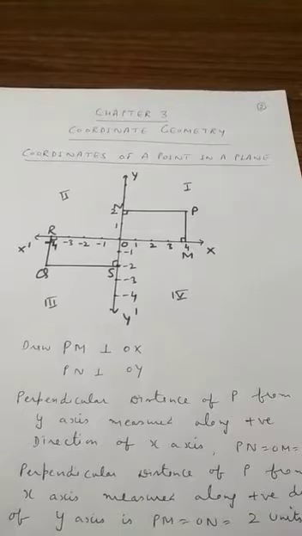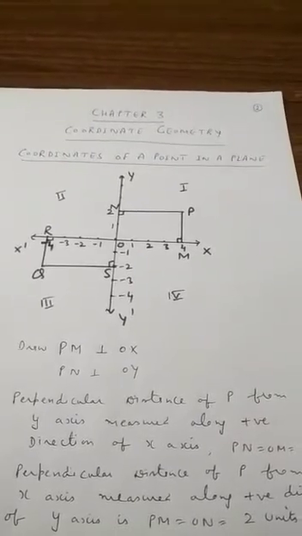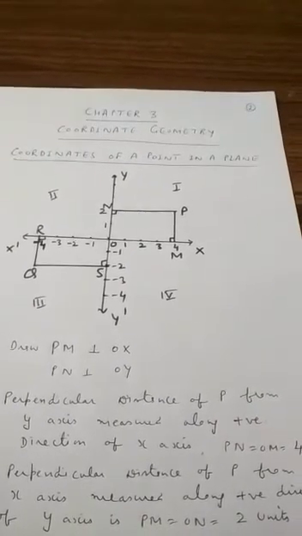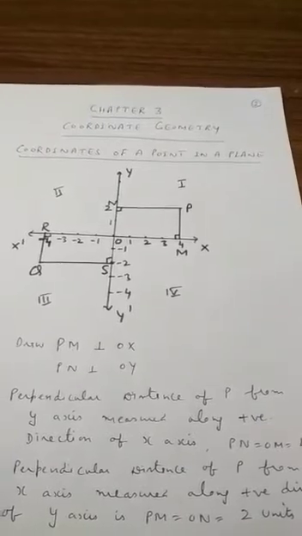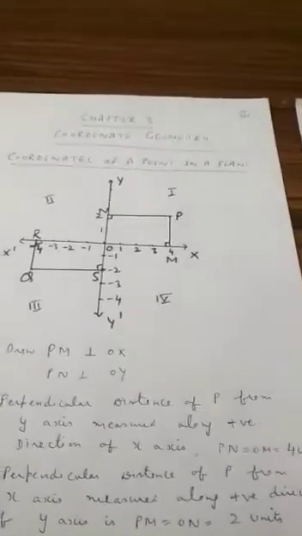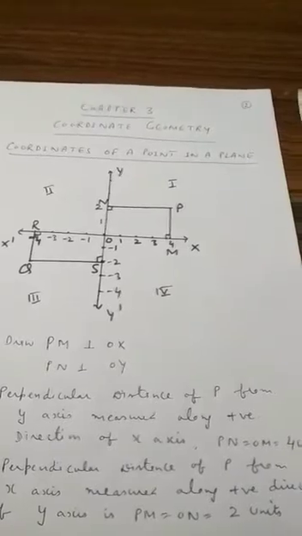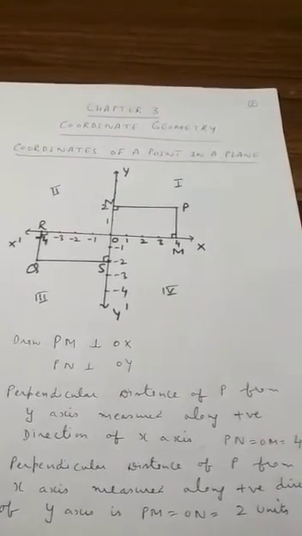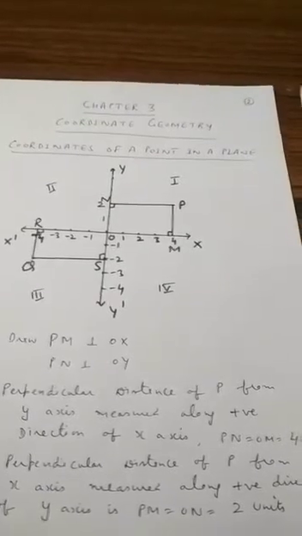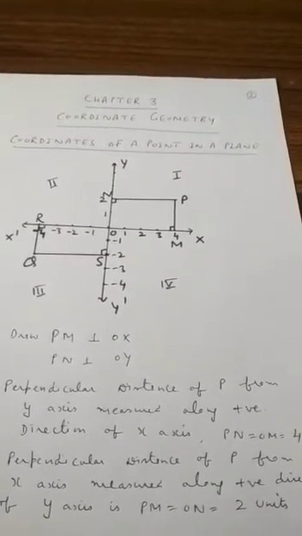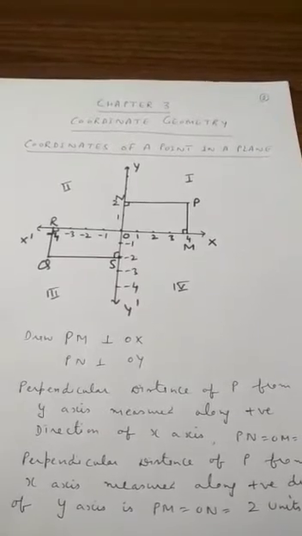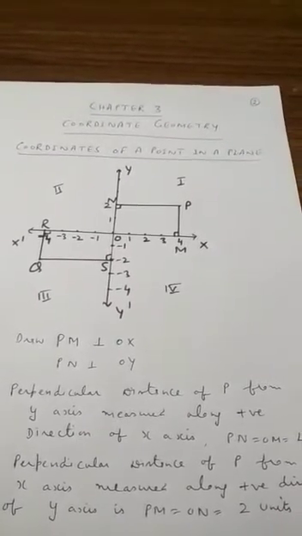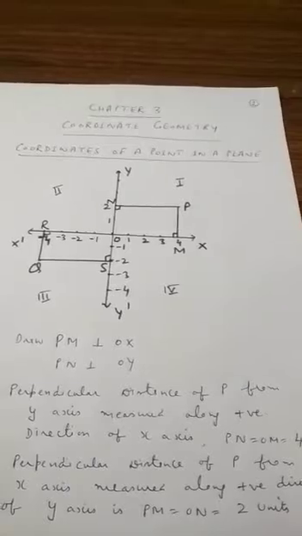The x coordinate is 4, the perpendicular distance from the y-axis, and the y coordinate is 2, the perpendicular distance from the x-axis. In this way we learn that the perpendicular distance of a point from the y-axis is the x coordinate, known as abscissa, and the perpendicular distance of a point from the x-axis is known as ordinate.